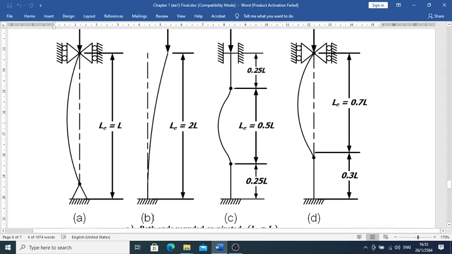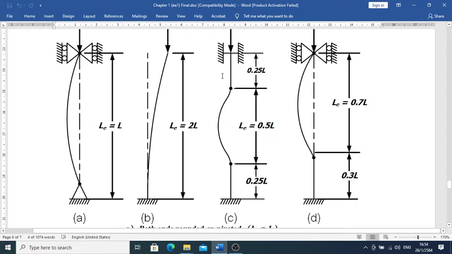And then in figure B, we fix one end, and the other end we just let it be free all the way. L sub E equals 2L right there. And then in figure C, if we fix both ends, L sub E equals 0.5L.